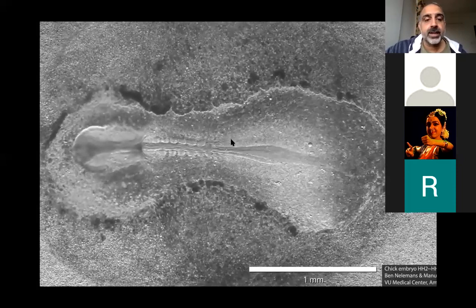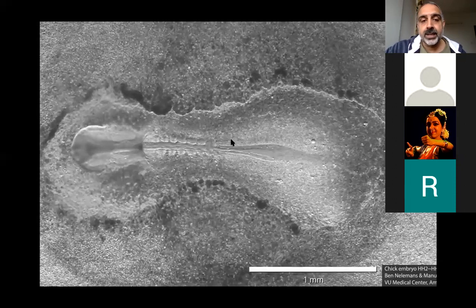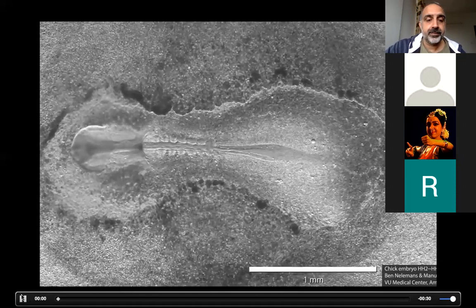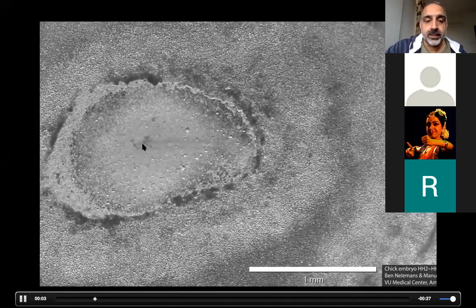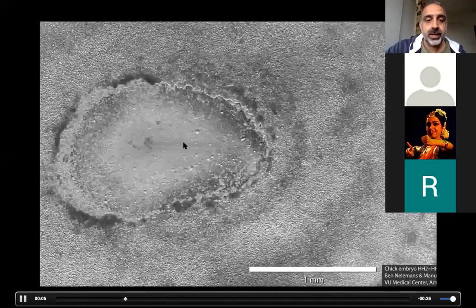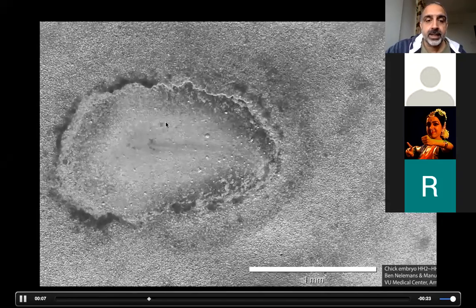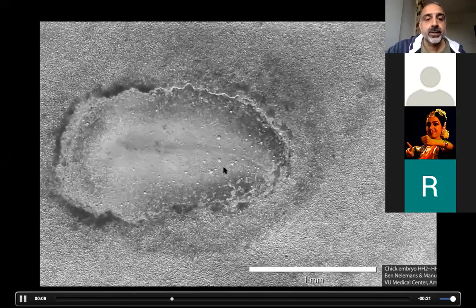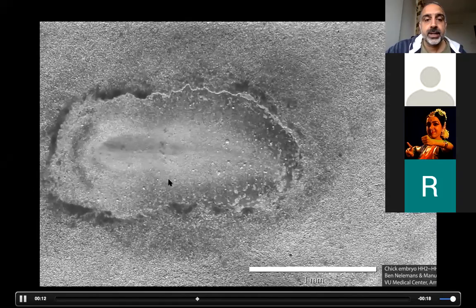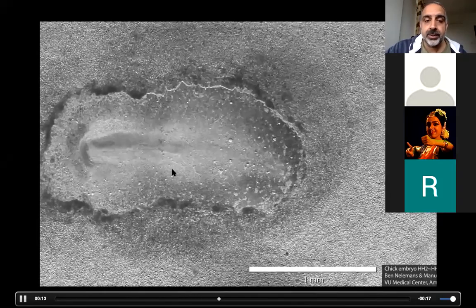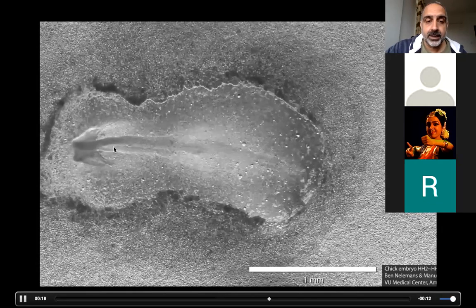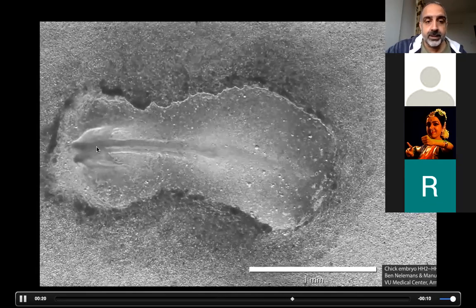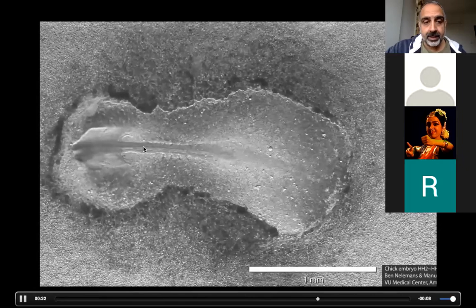You can see that the embryo is elongating, that there's something going on here, which we'll talk about a little bit later. Here the embryo is elongating, which we'll talk about later as well. It's becoming narrower, which again we'll talk about later. Here you can see the neural tube, which will form the central nervous system, folding and becoming a tube.